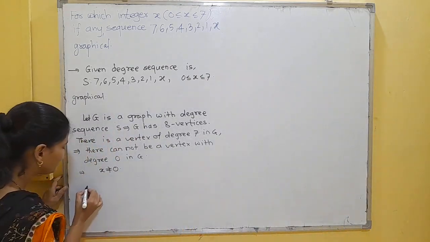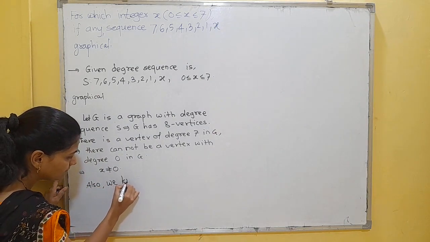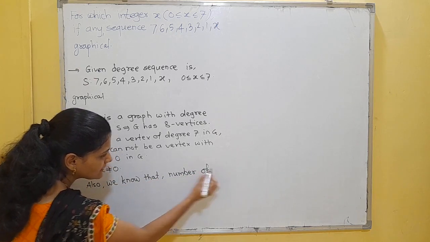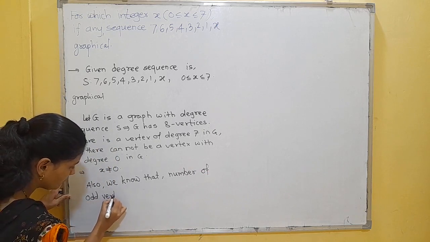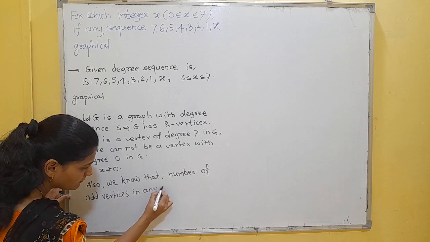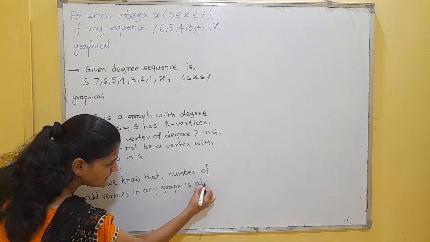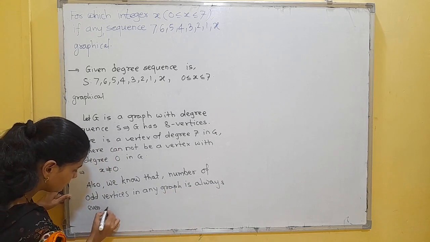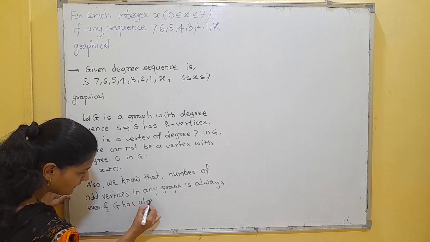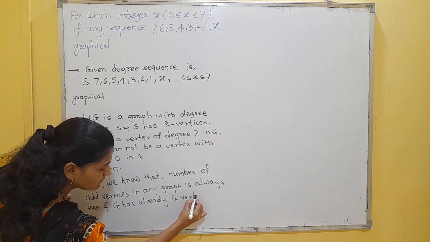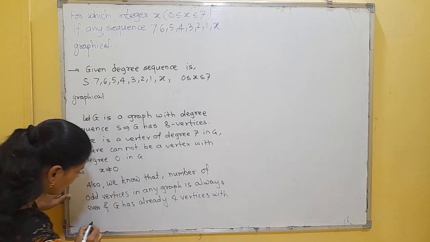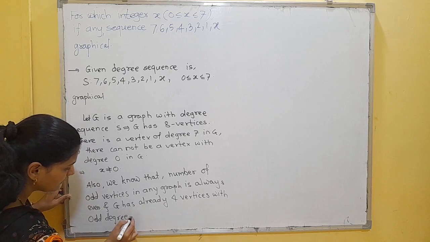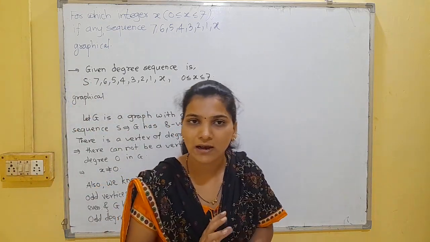Also we know that the number of odd vertices in any graph is always even, and G already has 4 vertices with odd degree. That implies the degree of x cannot be odd.